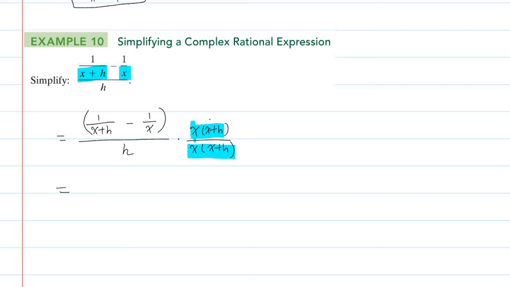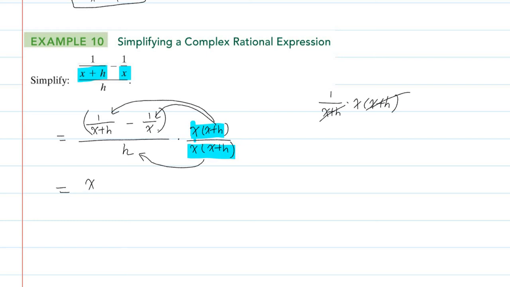Okay, so we do distribution, and then we do distribution right here, same as the denominator. When I do this, if you want to do that on the side, you're going to have 1 times x times (x plus h). Then this term is cancelled, and whatever is left is only x.